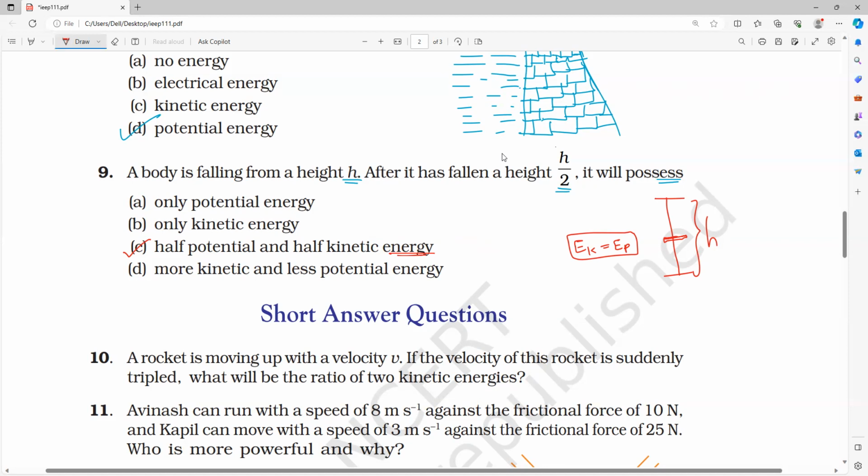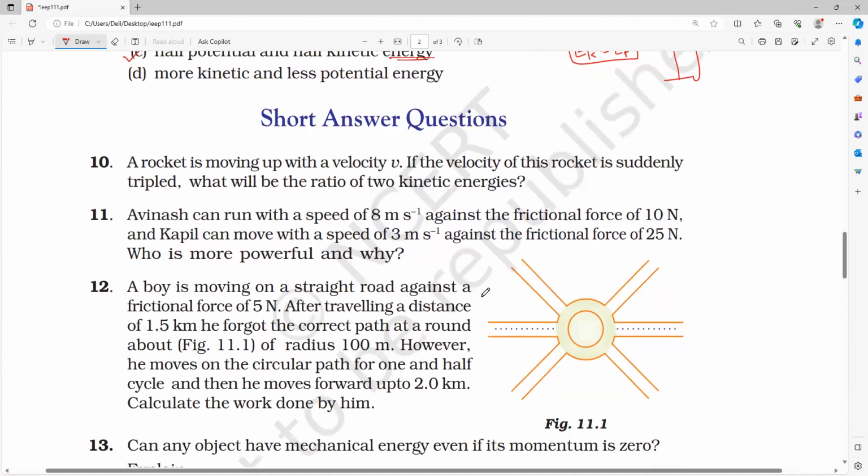Yes, sir. So now onwards, numericals will start. A rocket is moving up with a velocity v. If the velocity of this rocket is suddenly tripled, what will be the ratio of the two kinetic energies?